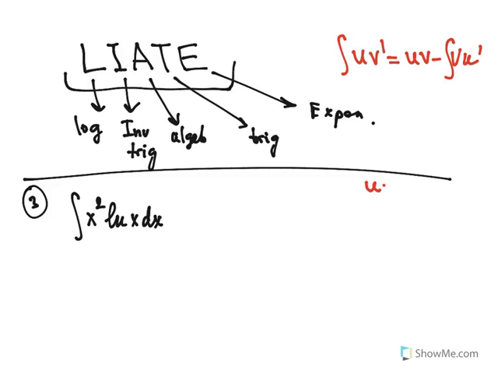So we need to decide which one is going to be u and which one is going to be v prime. So remember, u is the expression that you can differentiate easily, and v prime is the expression that you can integrate easily, right?